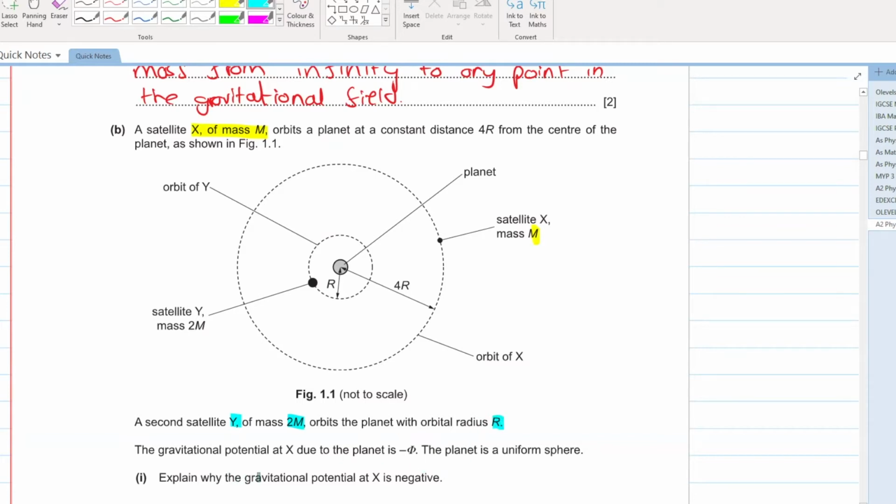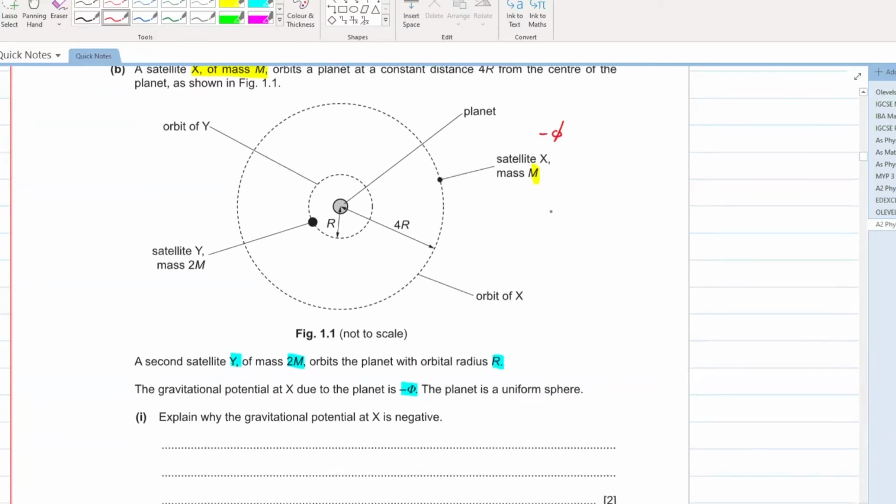The gravitational potential at x due to the planet is negative phi. The planet is a uniform sphere. Explain why the gravitational potential at x is negative.